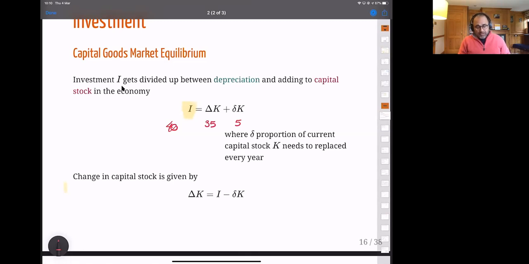So the new capital stock in the economy is simply investment minus depreciation.